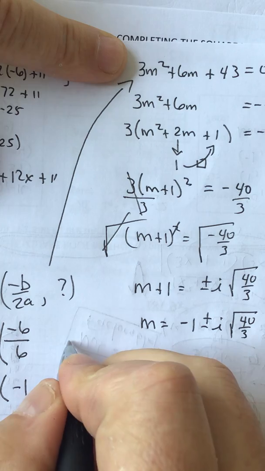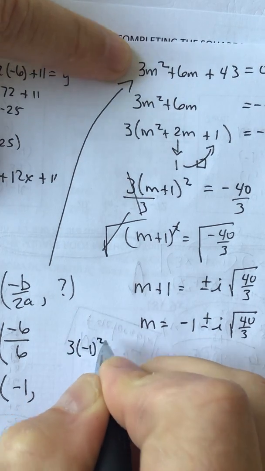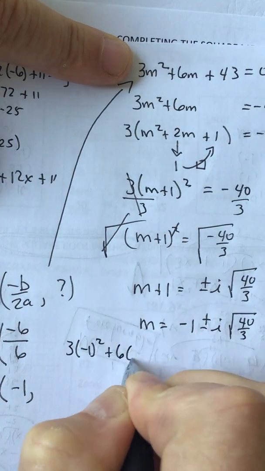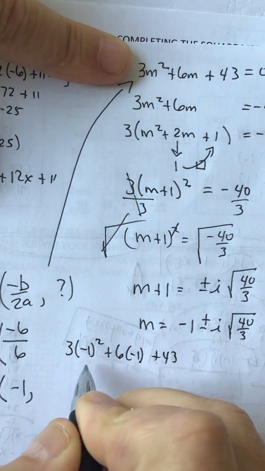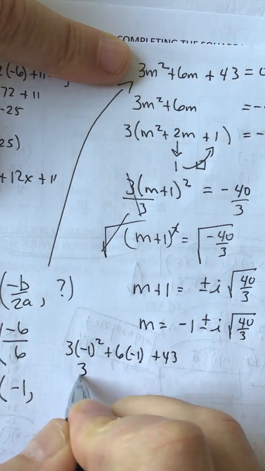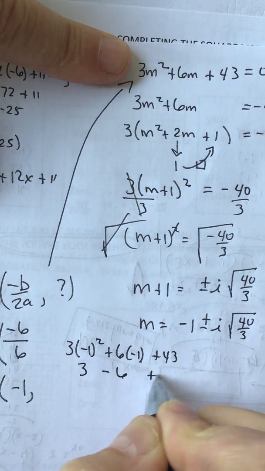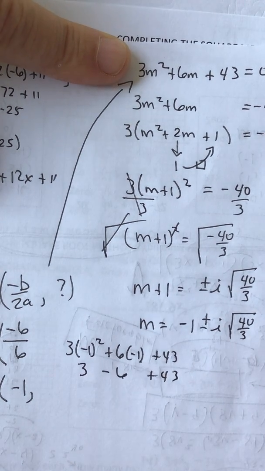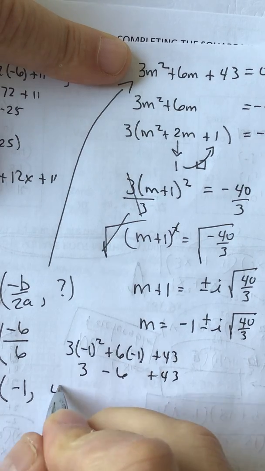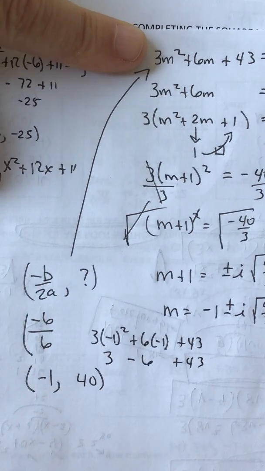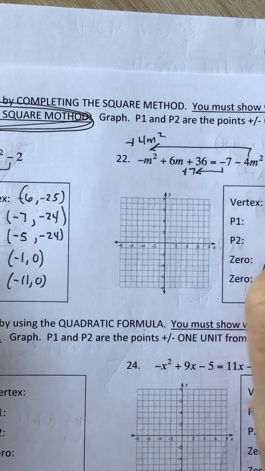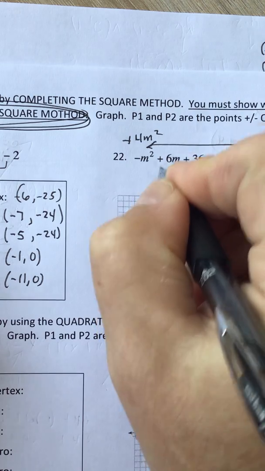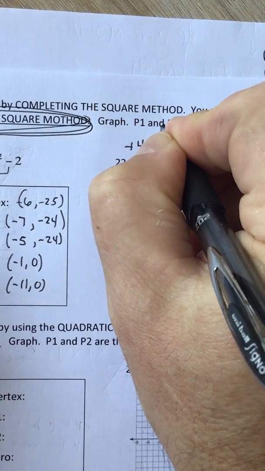So 3 times negative 1 squared plus 6 times negative 1 plus 43. That's 3 minus 6 plus 43. Looks like that's 40. So there's our vertex, negative 1, 40. So way up here somewhere.